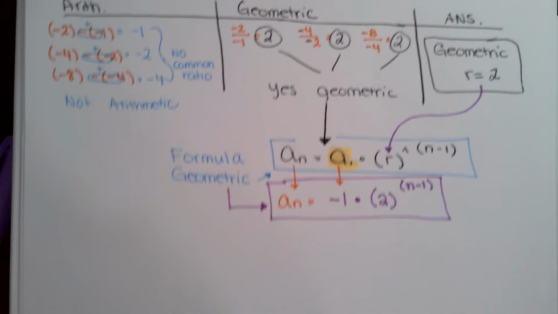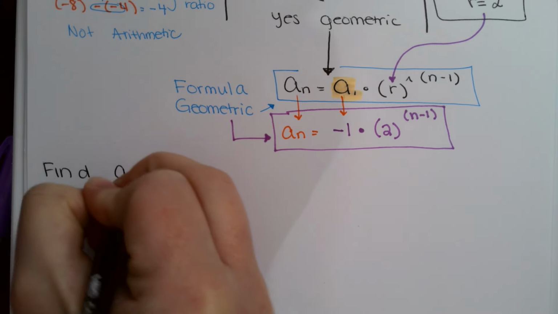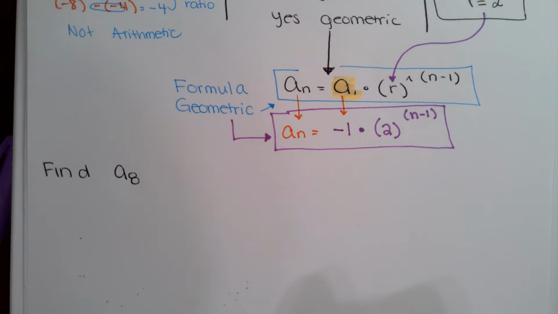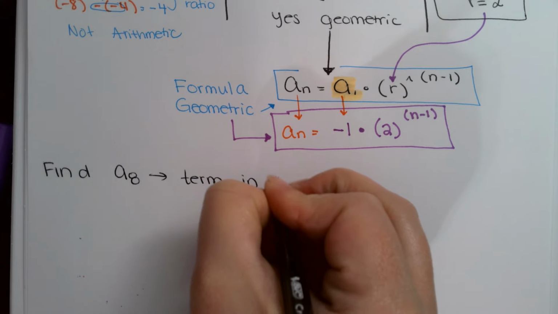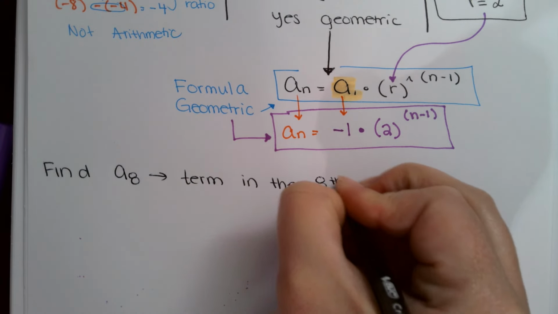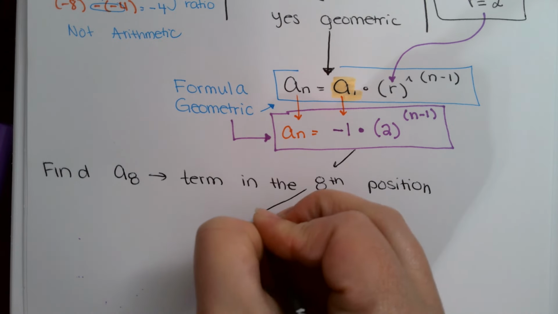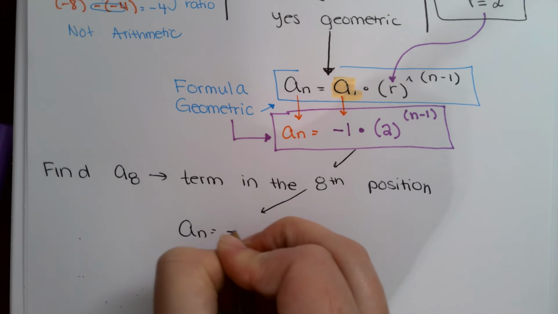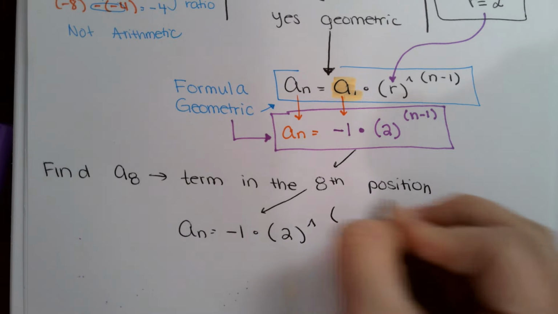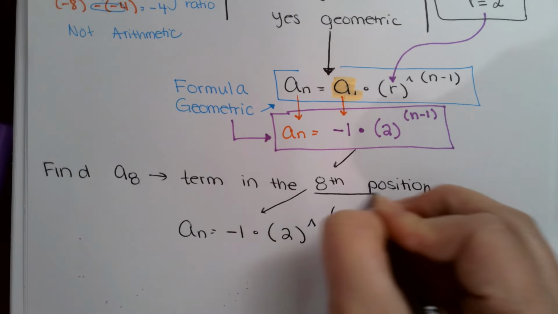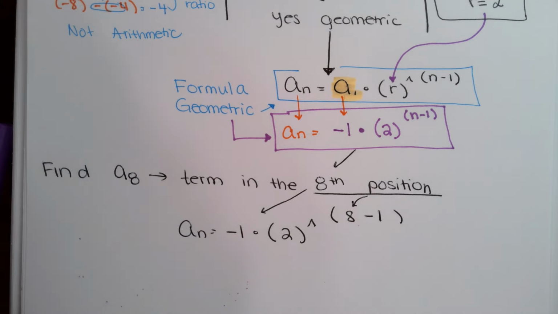Write the explicit rule, or using the explicit rule, find a sub n. Okay, so now what they want us to do is find a specific term. This is the term in the eighth position. So you're going to pick up your formula, a sub n is equal to -1 times open 2 caret, and you're going to input this 8th position as your n value.